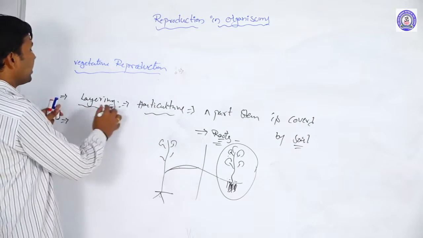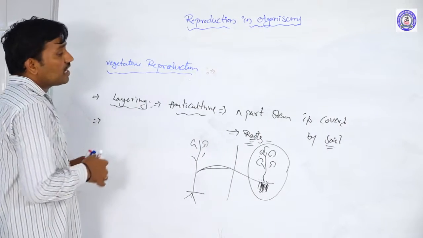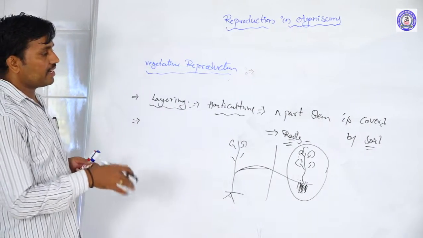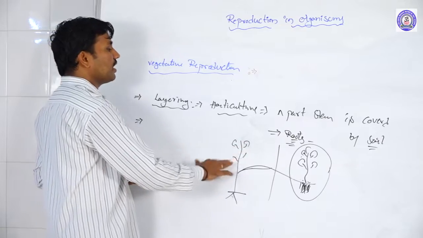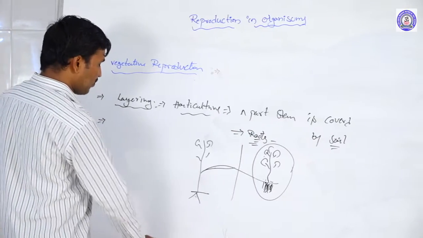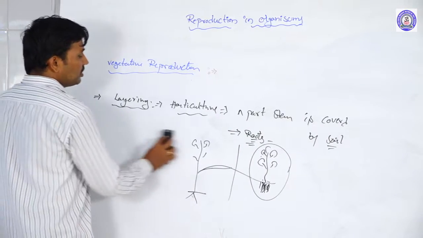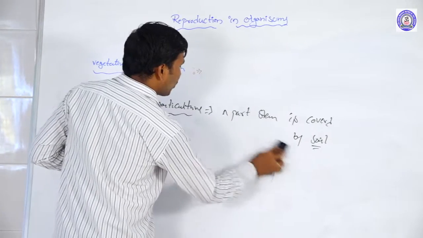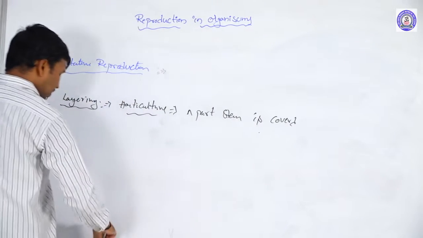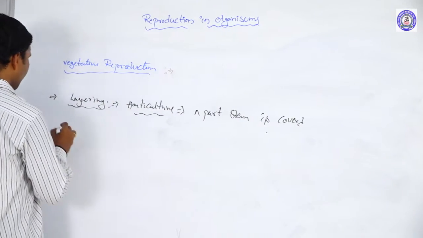Like this, layering is nothing but covering a part of the stem with soil so that two or more individuals develop from a single parent. Based on the layering process, there are different methods we follow.